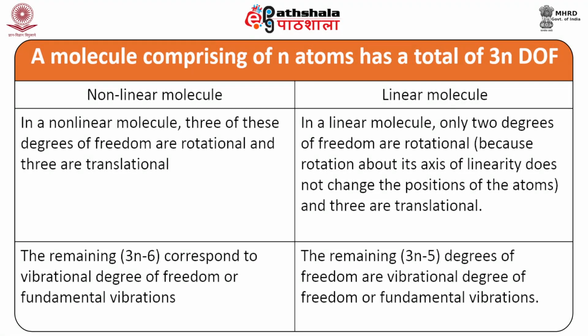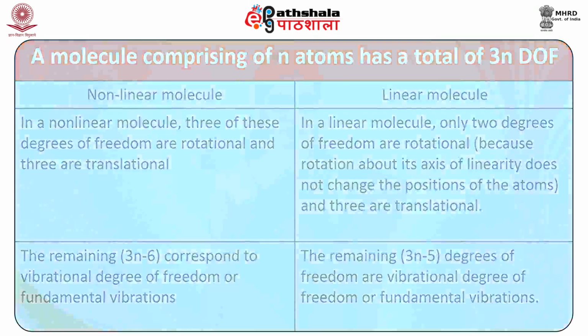whereas in a linear molecule only 2 degrees of freedom are rotational, because rotation about its axis of linearity does not change the position of the atoms, and 3 are translational. The remaining 3n minus 5 degrees of freedom are vibrational degrees of freedom or fundamental vibrations.